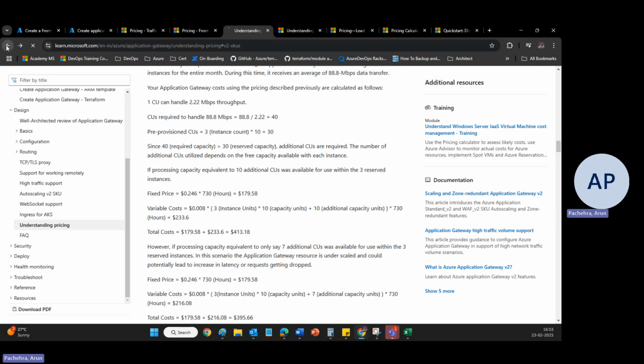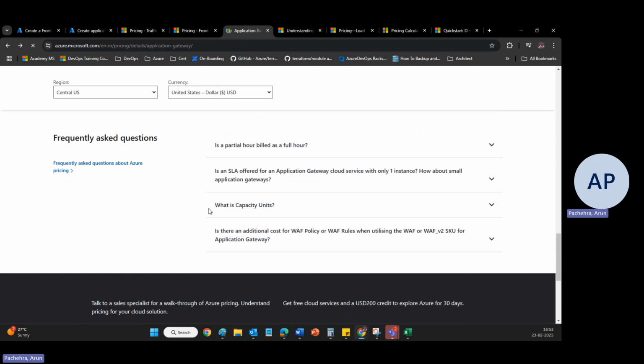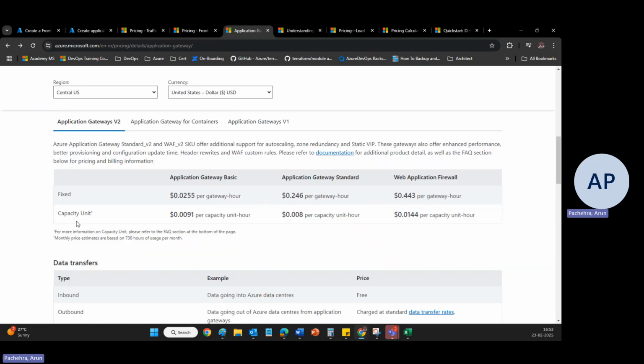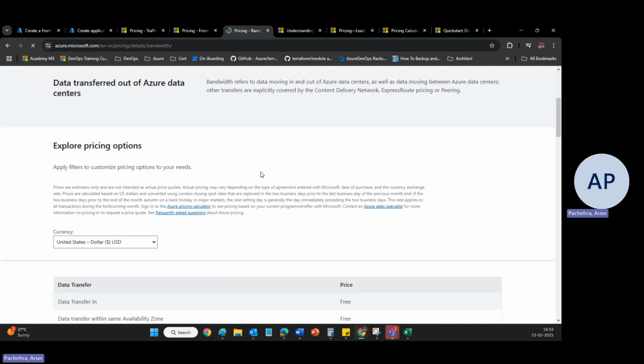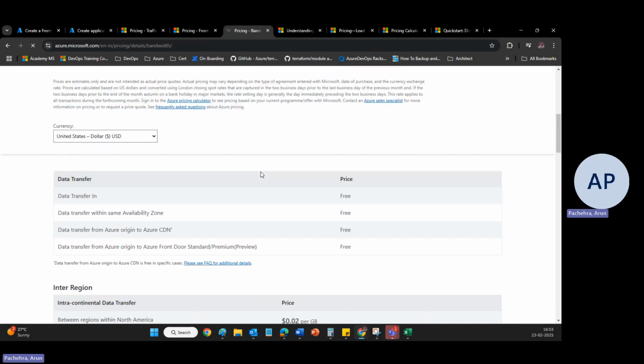But if we go back, there is a fixed cost and the capacity cost, and there is a data transfer. There is no price as such, okay? Data going out of Azure data centers from application gateway is charged at standard data transfer rates that we can check here under bandwidth pricing.